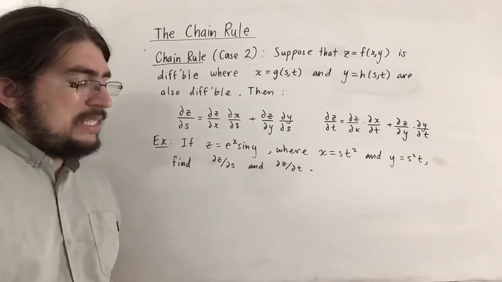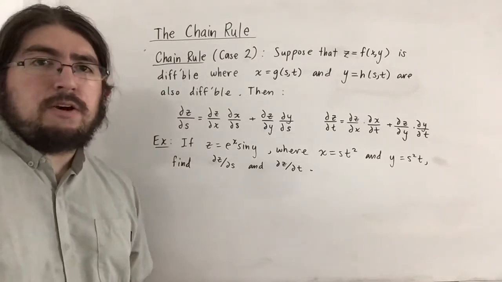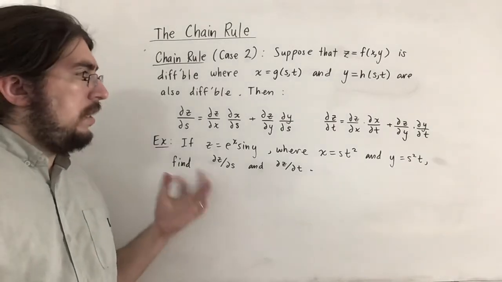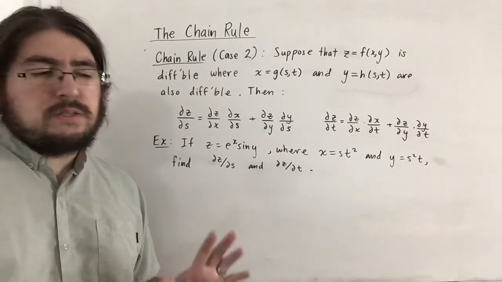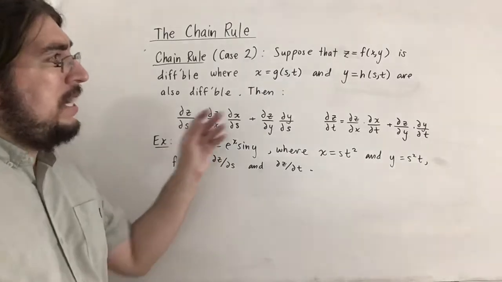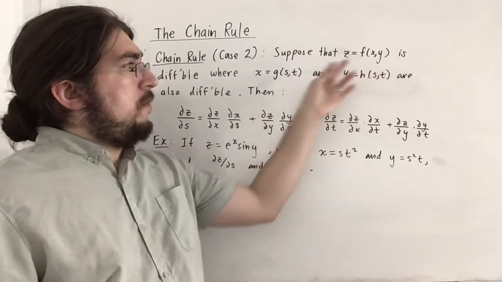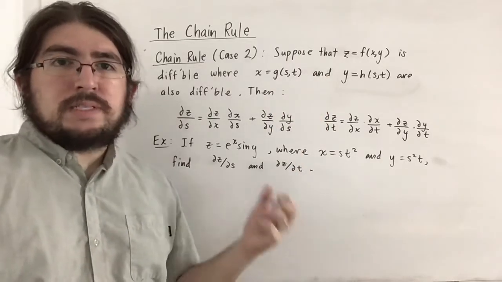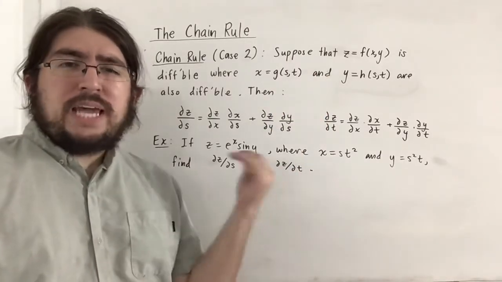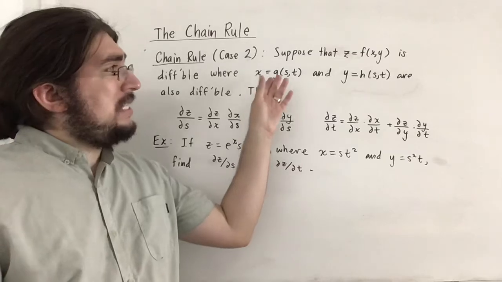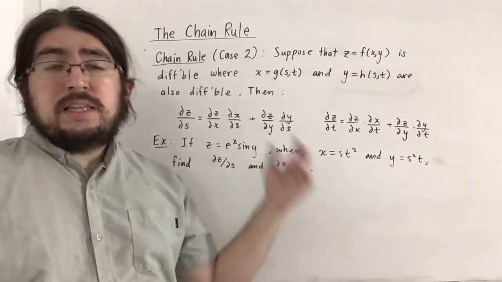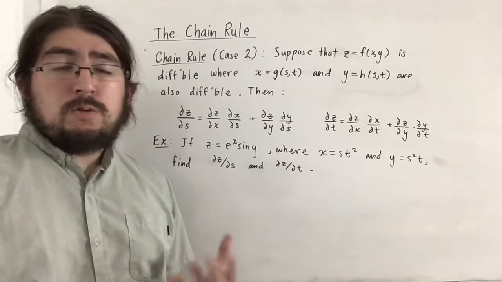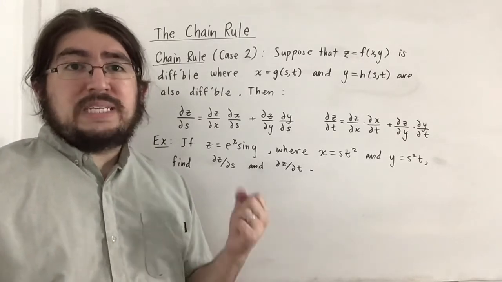Notice I'm not saying that z is differentiable necessarily, because we're taking partial derivatives and not the actual one derivative. The reason is that if z is a function of 2 variables, but they're each in terms of 2 variables, then z is still in terms of 2 variables, s and t. With case 1, if we were to plug x and y into this function, then z is only a function of 1 variable, t, so you can legitimately take the derivative dz dt.